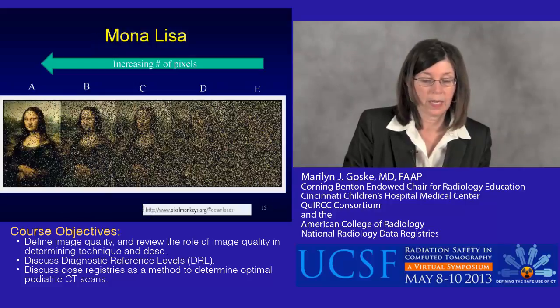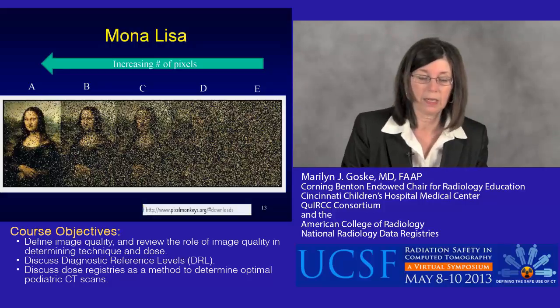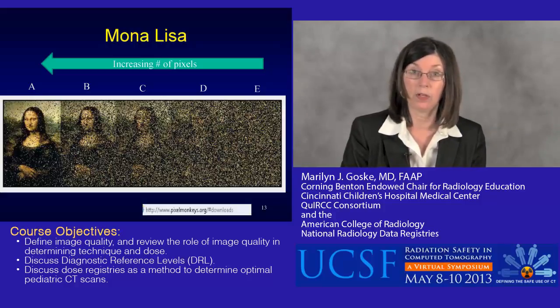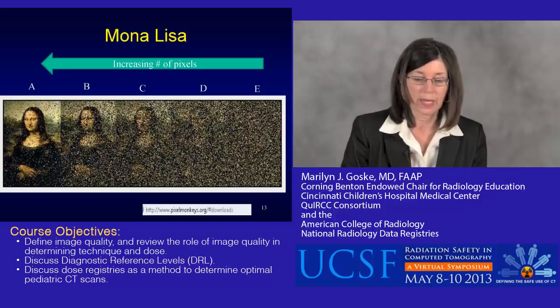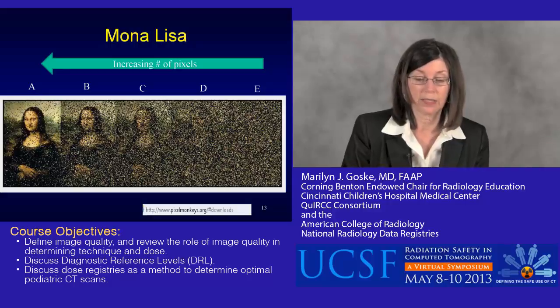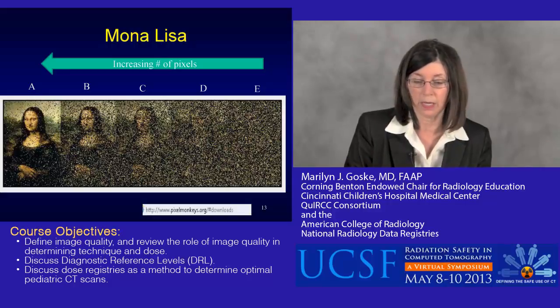Now, this slide is not scientifically accurate, but I think that it is a pretty good analogy for this concept of noise and dose. There's a website called PixelMonkey, and you can actually add or subtract the number of pixels that you want to create an image.